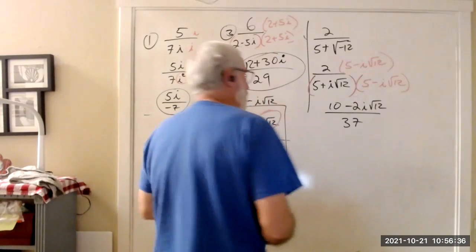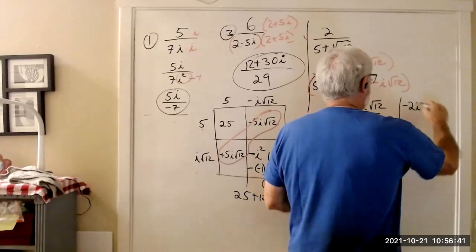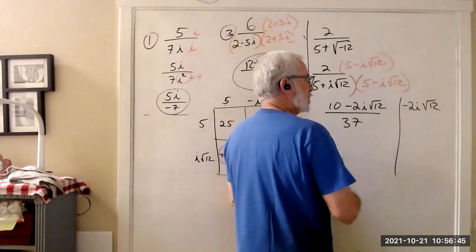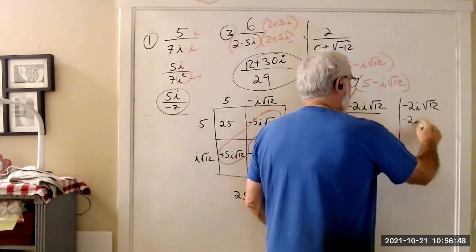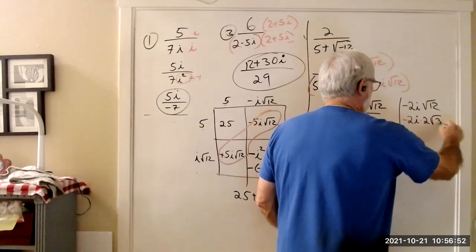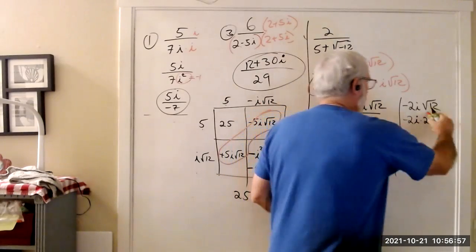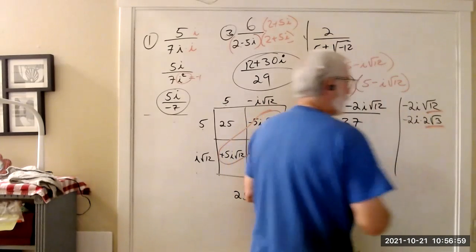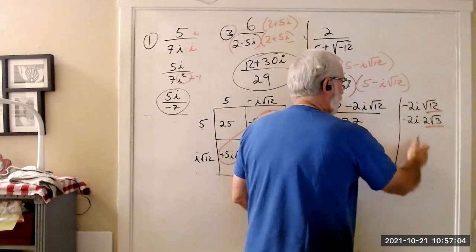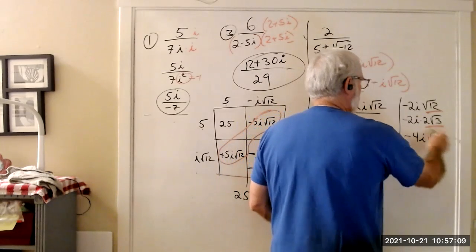So if I look at negative 2i radical 12, just that part of it for just a second. This is negative 2i, and this is 2 radical 3. Again, go off your scratch paper, work out the square root of 12, which is 2 radical 3. Put that back together. This is negative 4i times the square root of 3.